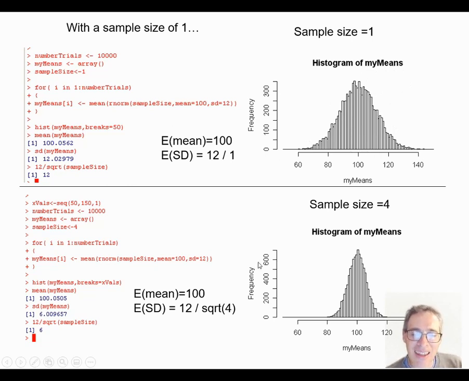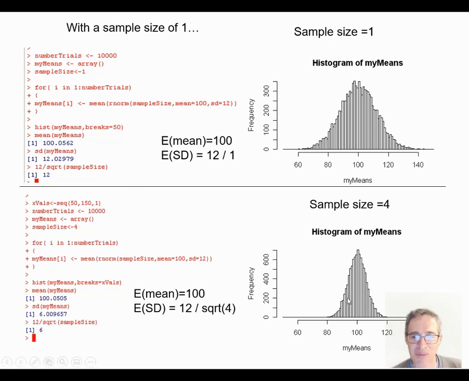But now if I take the average of 4 students taking the test, so instead of one student I'm having 4 students take the test and I'm taking the mean of that, the mean is still 100. The mean's not going to change, but now the variance comes in because the standard deviation is going to be 12 over the square root of 4, which of course is 6.